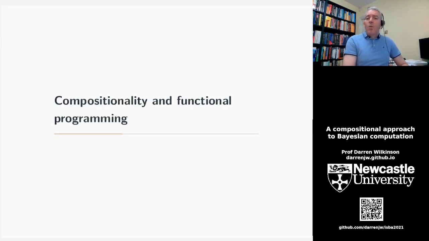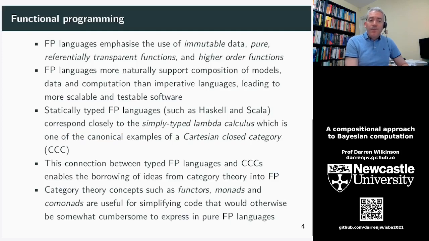So, what do we get from using these functional languages, and what do we really mean by a functional language anyway? So, functional languages, at the most basic level, they really emphasize the use of immutable data, the use of pure referentially transparent functions, and higher order functions. And by that I mean functions that can accept other functions as arguments or return other functions as values.